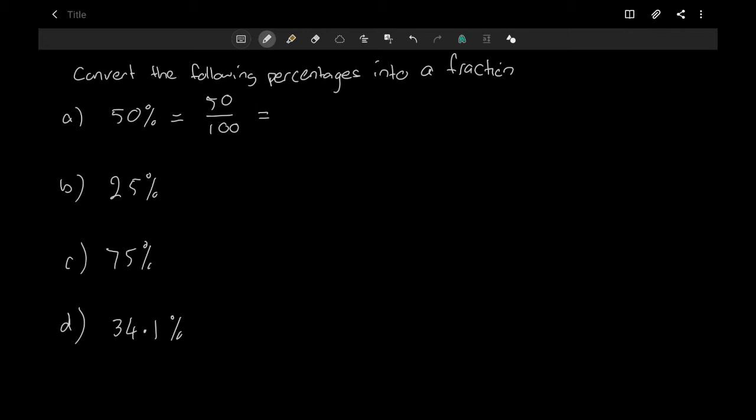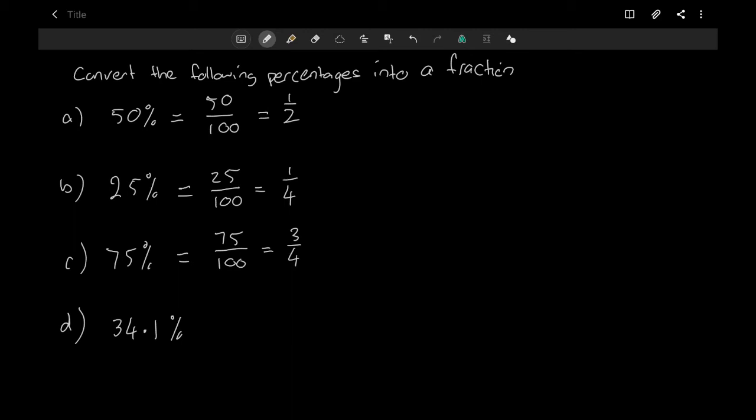And when you simplify 50 over 100, you get 1/2. Similarly, converting 25% into a fraction would be 25 over 100. And when you simplify that, that becomes 1/4. So let's do 75%. Again, 75 over 100. And when you simplify that, that becomes 3/4.